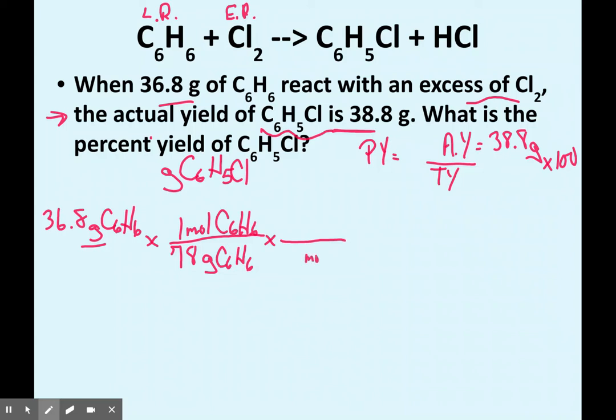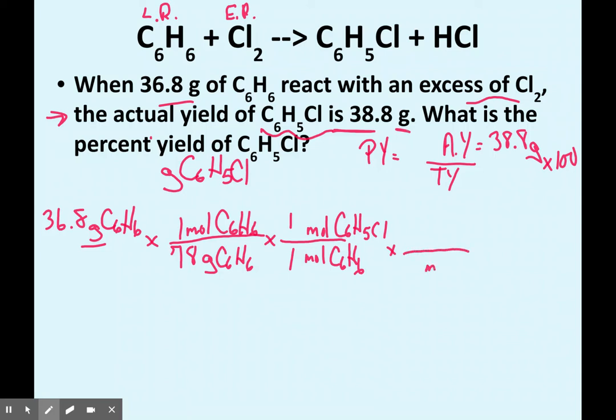So moles of C6H6 is now on bottom. And we're going to go to moles of the C6H5Cl. The ratio, this is balanced, so it's 1:1. And remember, our actual yield was given in grams, so we have to take this to grams.